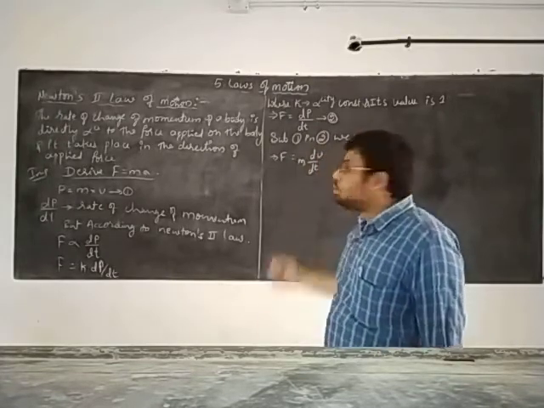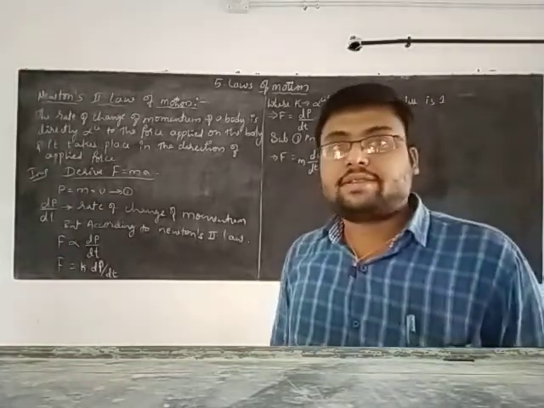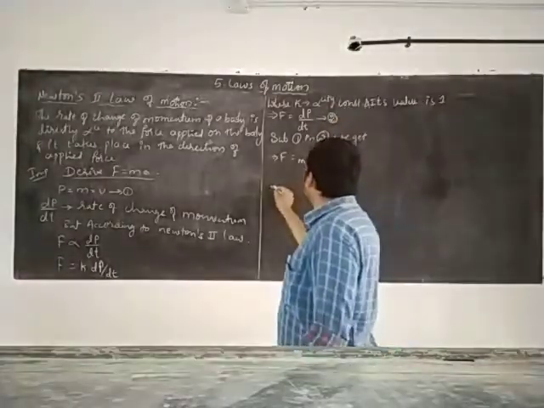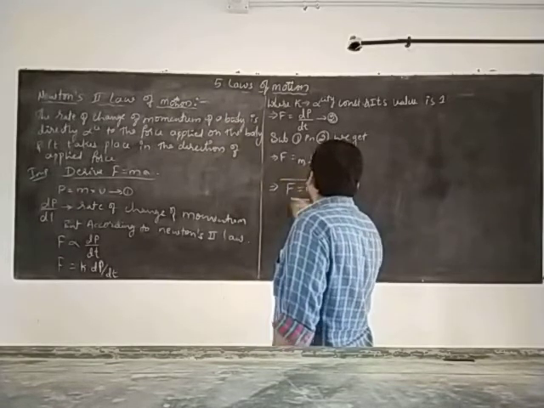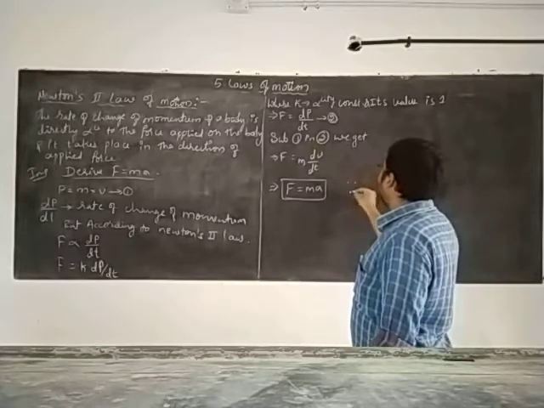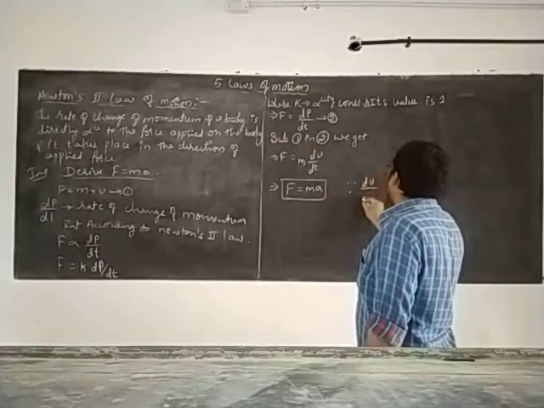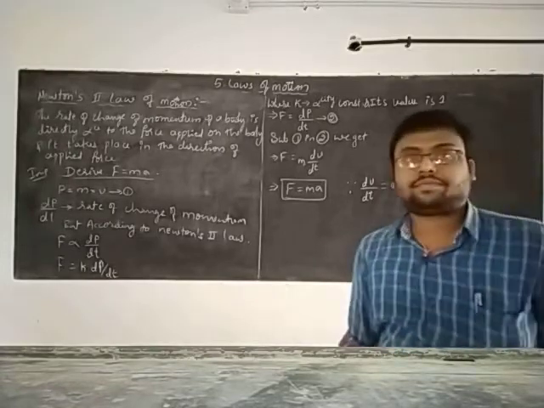So F = m dv/dt. The rate of change of velocity, what does it mean? Acceleration. So that is why F is equal to m into a, because dv by dt is equal to acceleration.